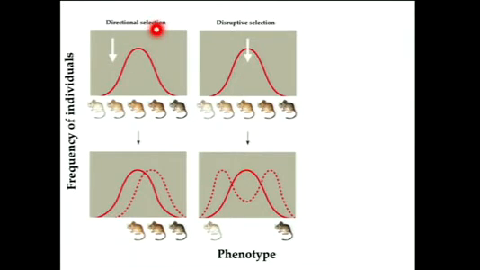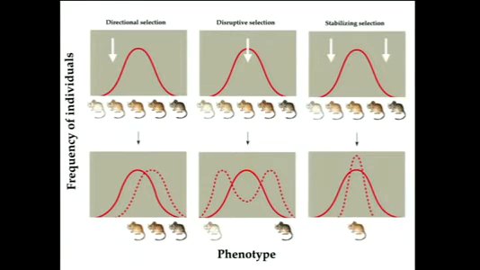And this directional selection, as you might imagine, could act on this end of the spectrum or this end, pushing it one way or the other. Both would be directional. Or a type of stabilizing selection that acts on the extremes, not changing the mean value of the phenotype, but reducing the variation around the mean as more individuals survive or successfully reproduce at the mean.